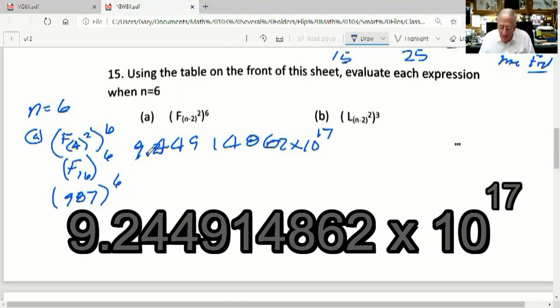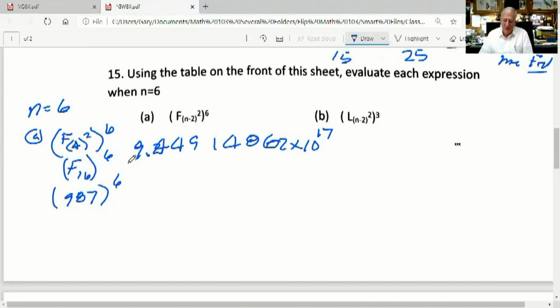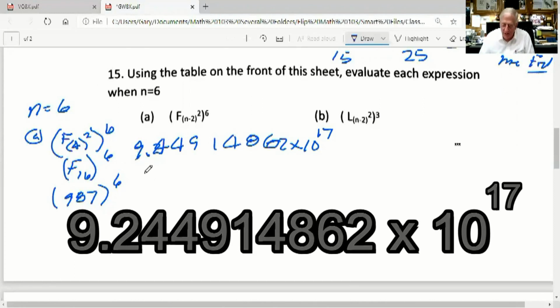So that would be the answer you would get. Remember, in this particular question, you had to square the subscript first. That makes it F16. You look up F16, that's 987, and you take it to the 6th power. And this is the sweetheart number you get. The decimal point would be 17 decimal places to the right.